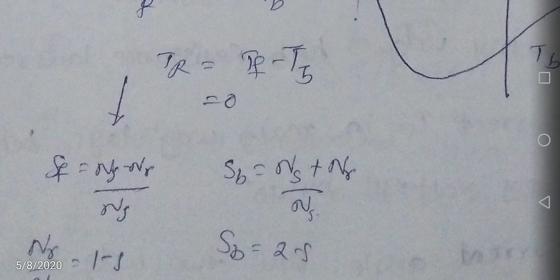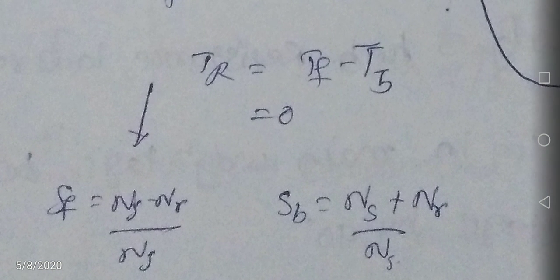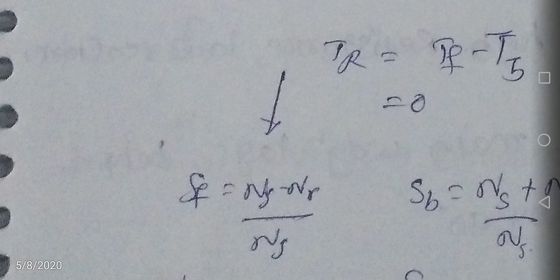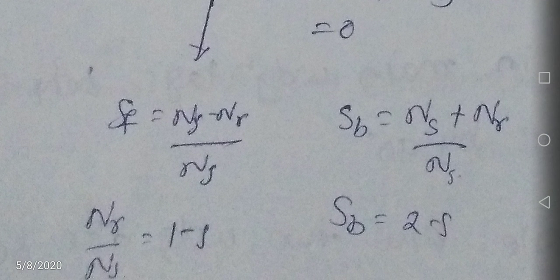SF equals NS minus NR by NS, that is the slip formula, the forward slip. And the backward slip is NS plus NR by NS, because in the backward case NR rotates in the backward direction.